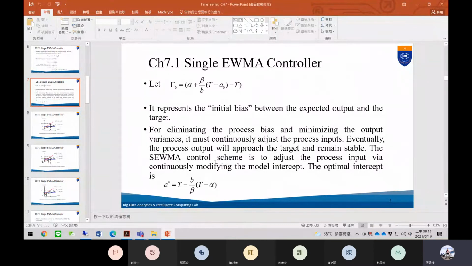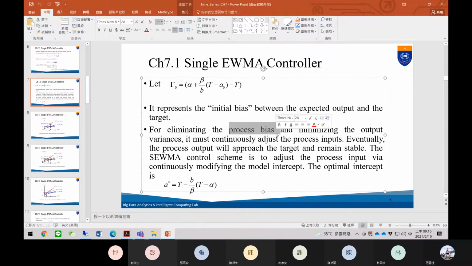So for eliminating the process bias and minimizing the output variance, this is the objective we like to achieve, which is bi-objective.